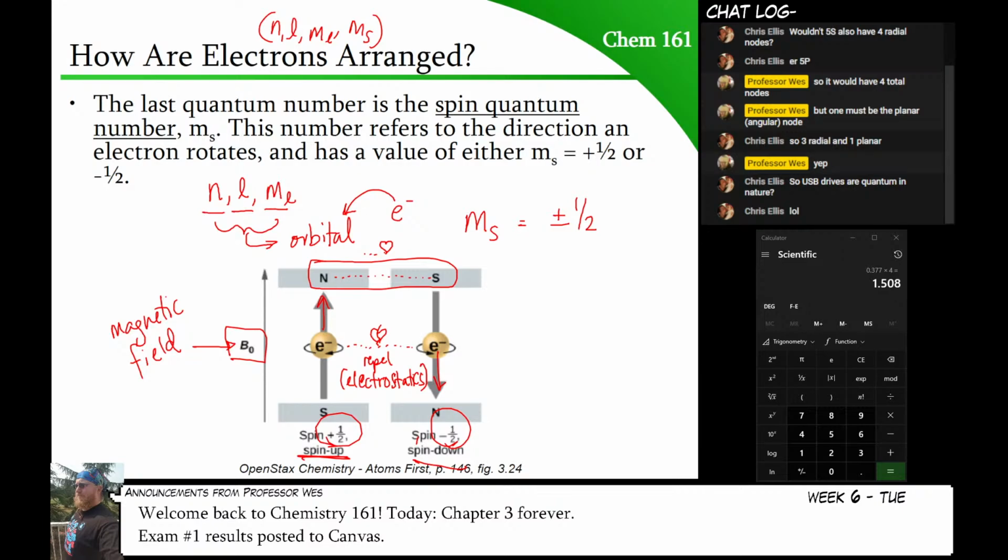But the end result is that in our orbital, we can fit 2 electrons.